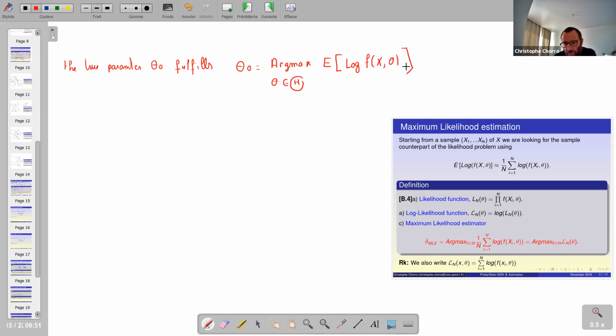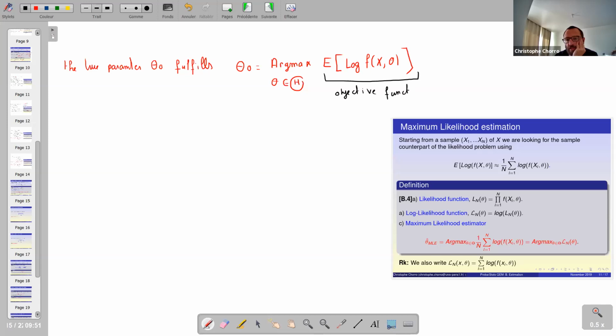We have proved it. I have done the proof in the scalar case, but we have exactly the same thing in the general case. Now I have my objective function here, the objective function in my optimization problem.